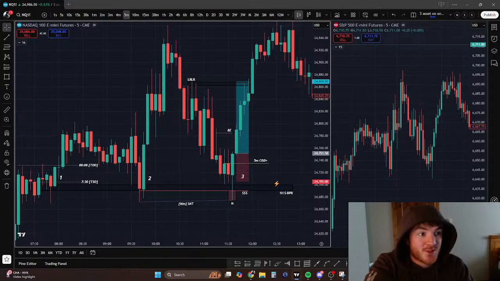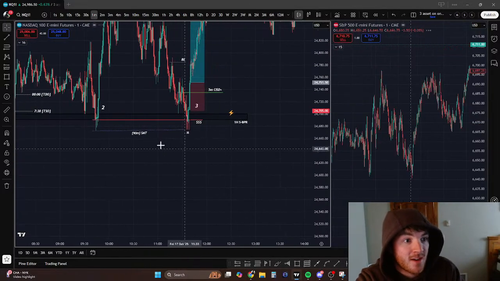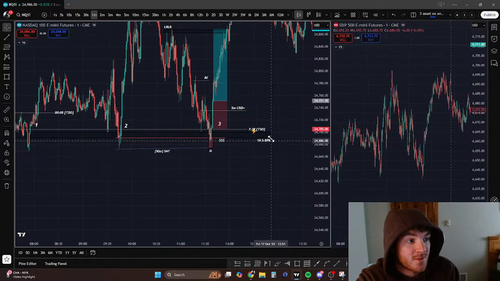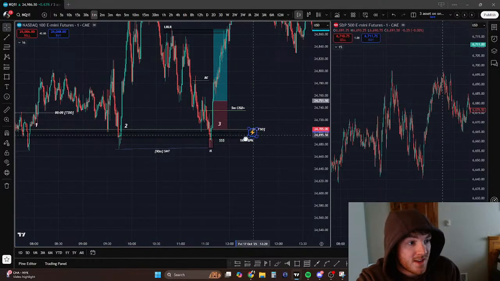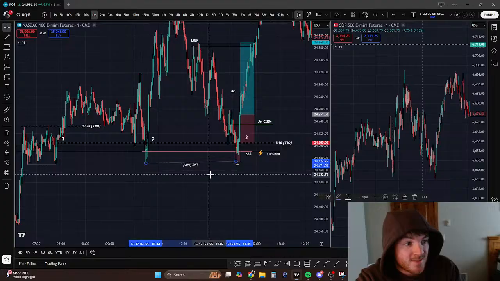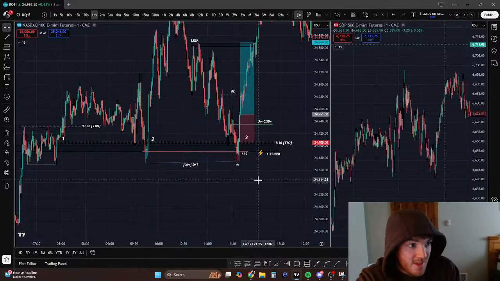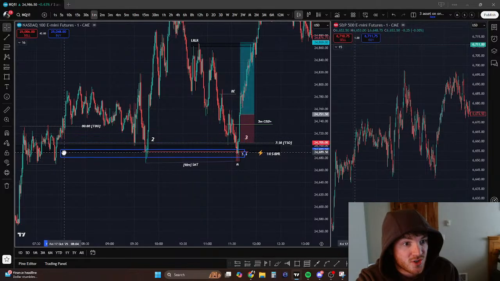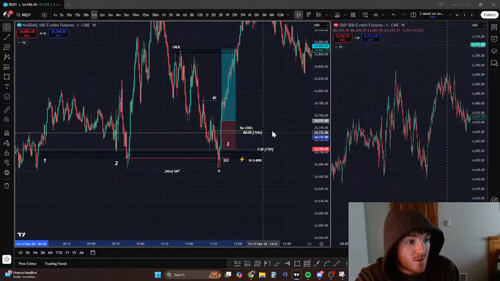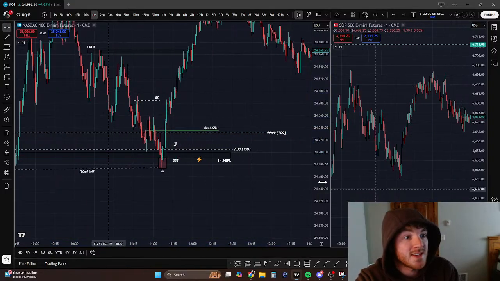Okay, here's what's crazy, right? We have a 2022 model on the 1 minute. If you can't tell, it's pretty obvious. We use this higher time frame key level, this BPR. Once again, a stronger BPR. That's why I have a lightning bolt. We have a time-based SMT at the low with a sweep of the bodies. And then we clearly have a break of structure, right? So a liquidity sweep, break of structure with amazing displacement.